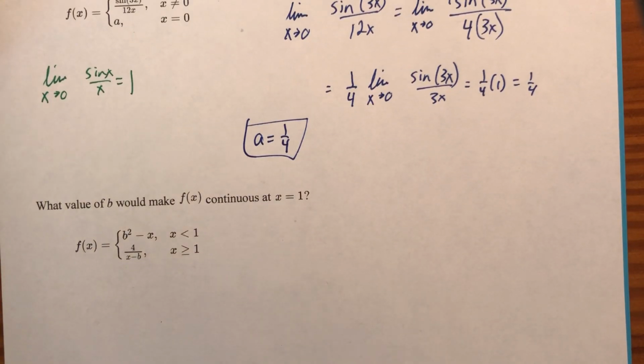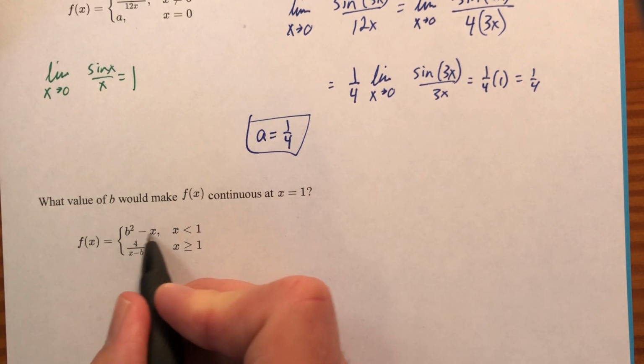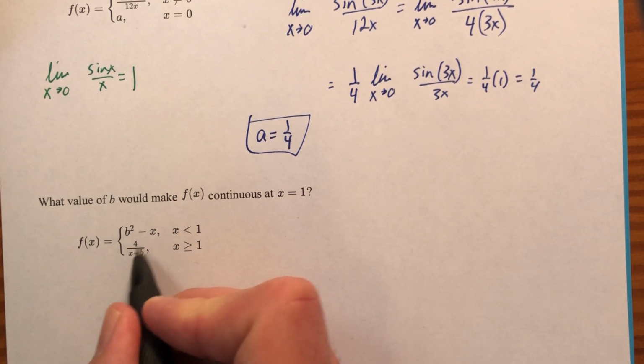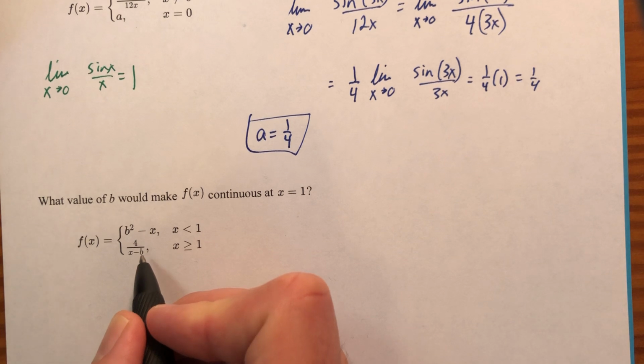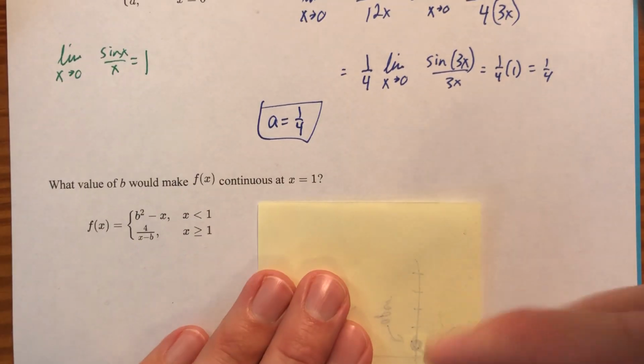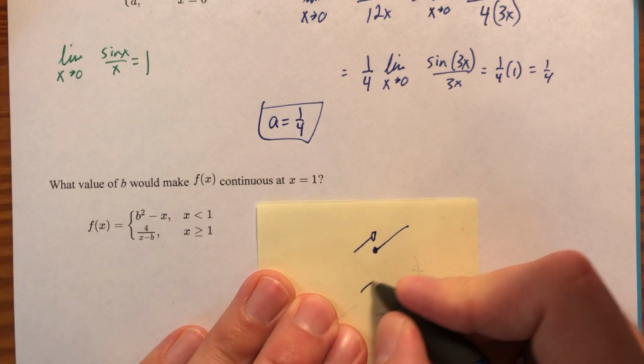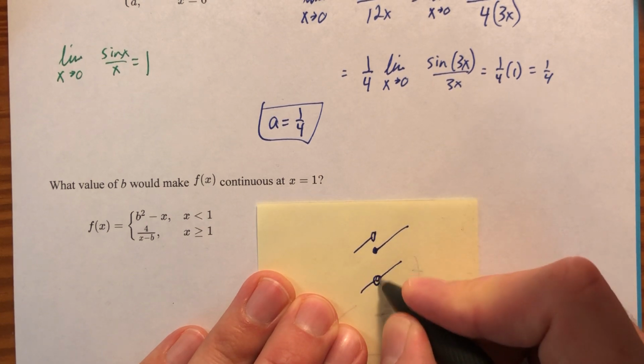All right, let's figure out the b value that would make this function continuous at x equals 1. And if this function is going to be continuous at x equals 1, then this equals this where x is 1. Okay, let me say that again. When we have a piecewise function, we're going to have a function that does like that, or perhaps it does like that.